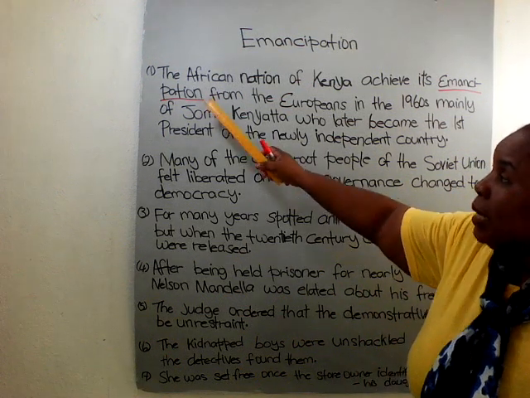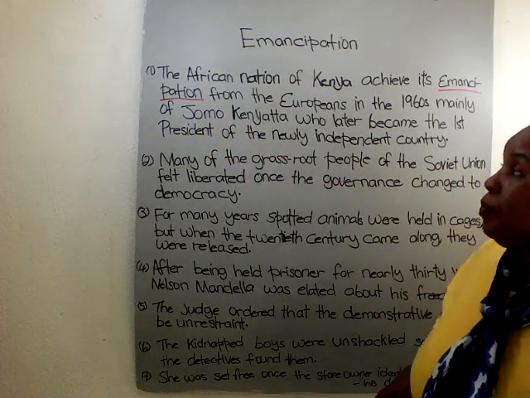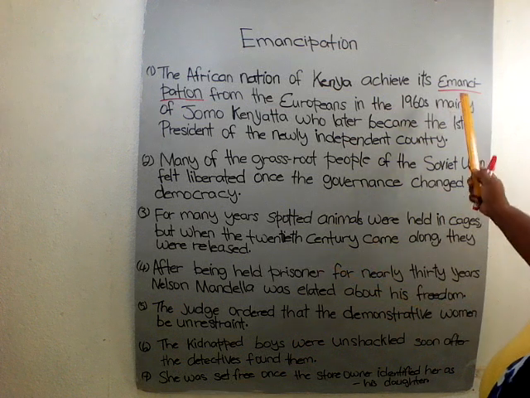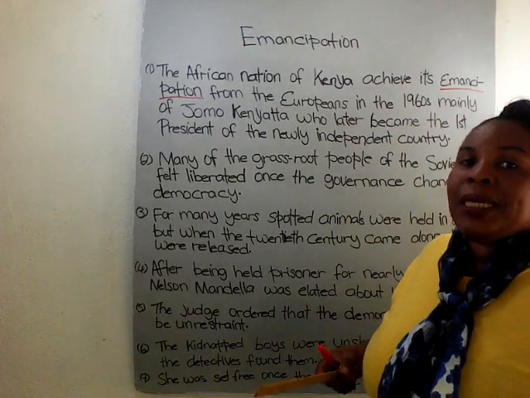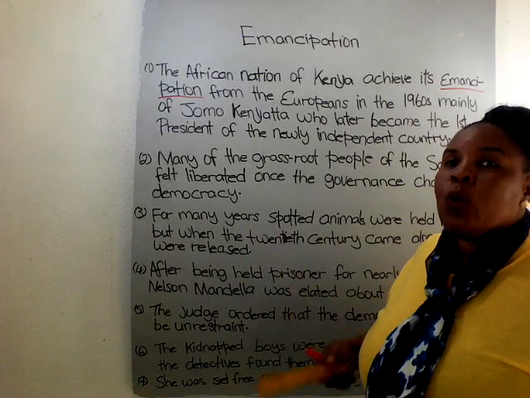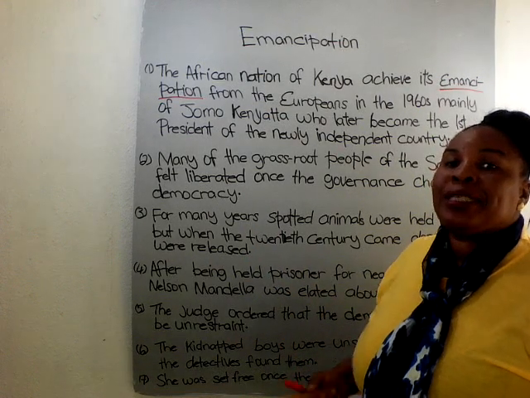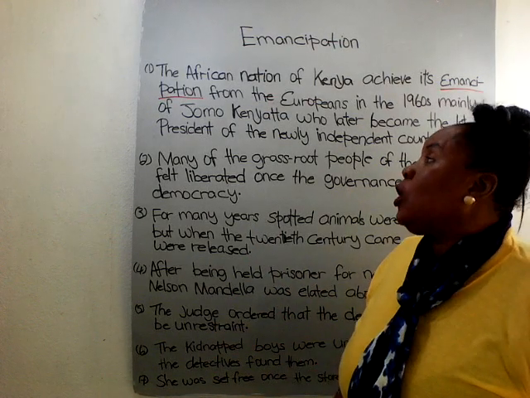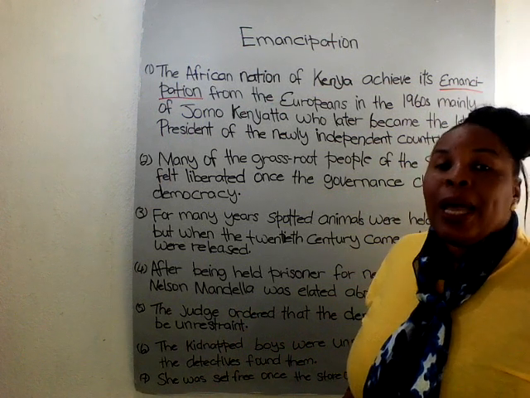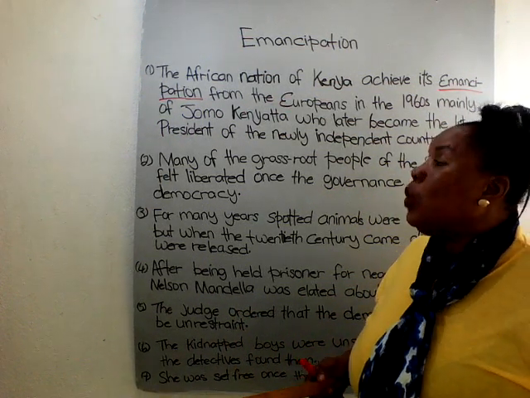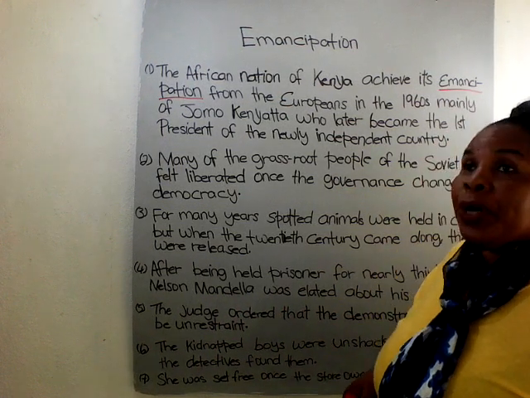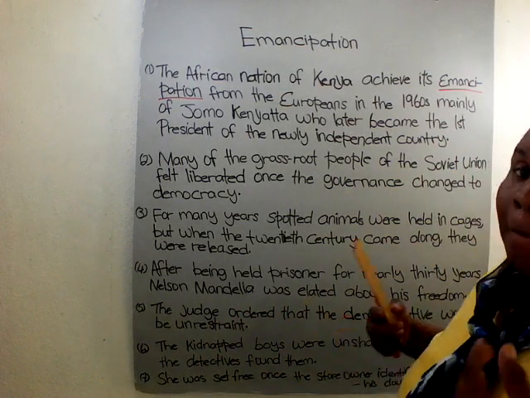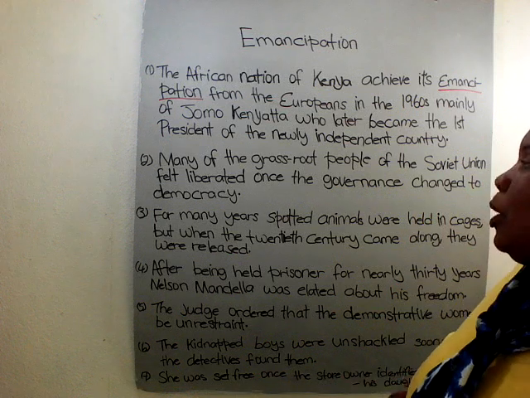From this sentence you will see emancipation is used, but what does it mean in the text, and how many words can you use from the word emancipation? Now let's look at sentence number 2 and see what other word we can find meaning the same as emancipation.